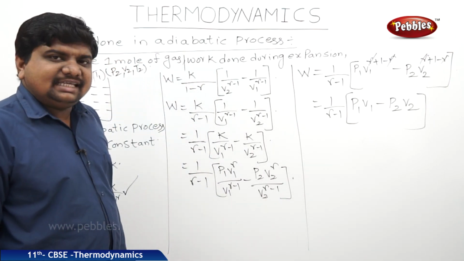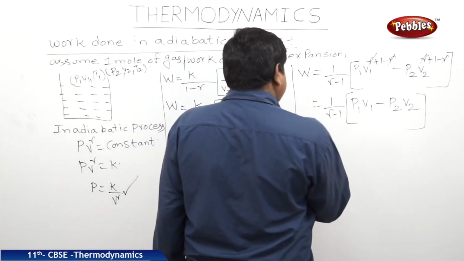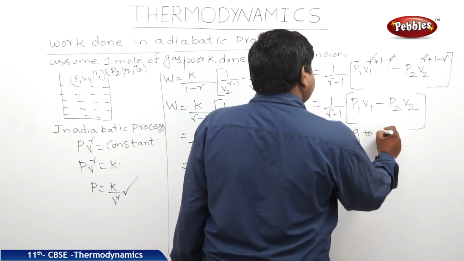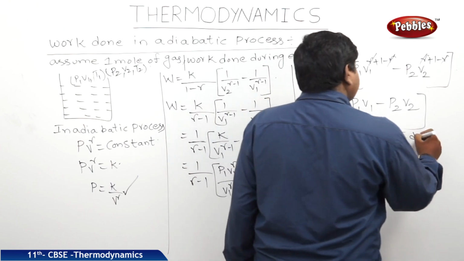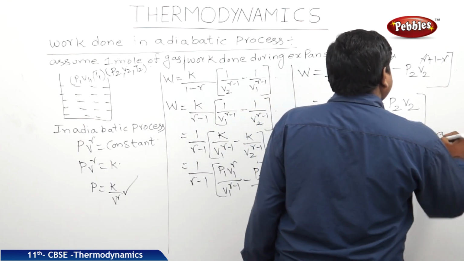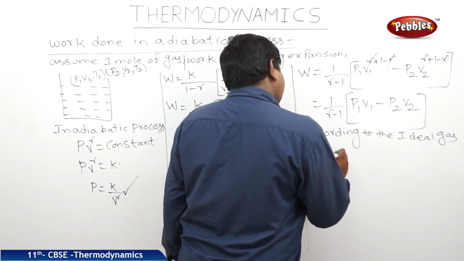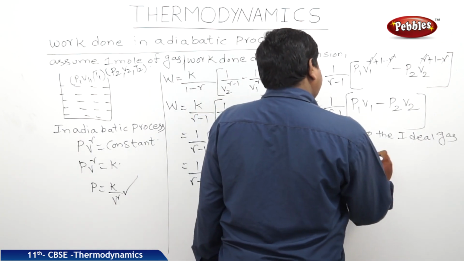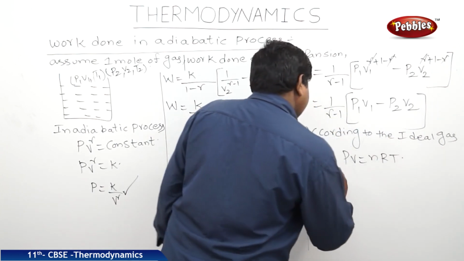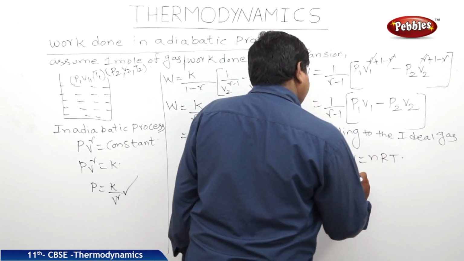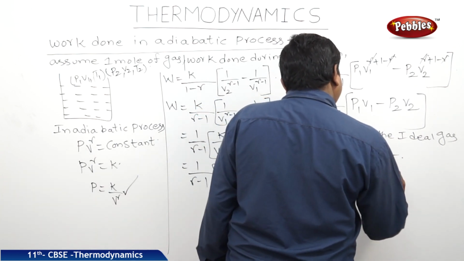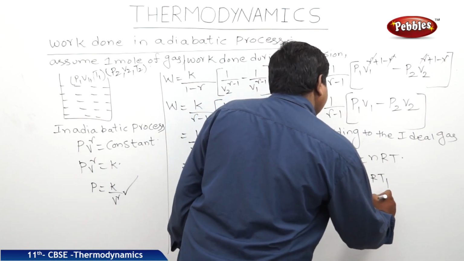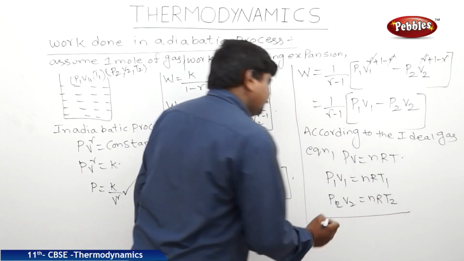According to the ideal gas equation, we can write PV is equal to nRT, P1 V1 is equal to nRT1, P2 V2 is equal to nRT2.